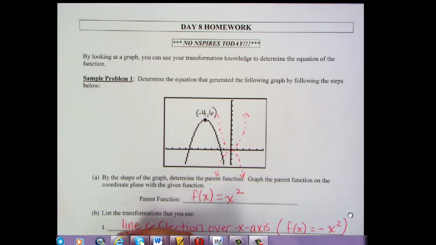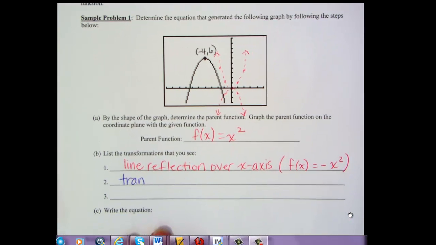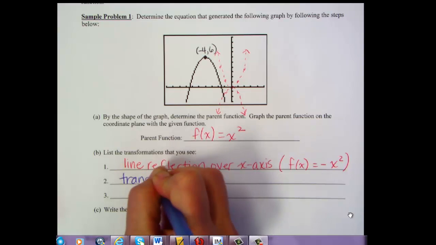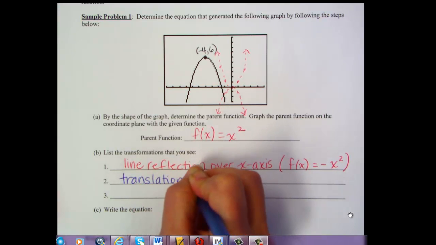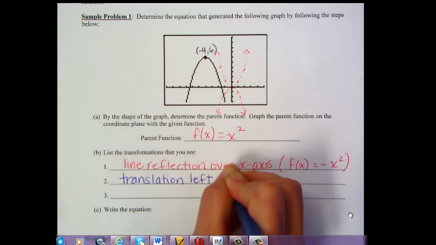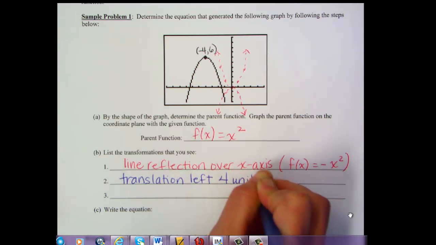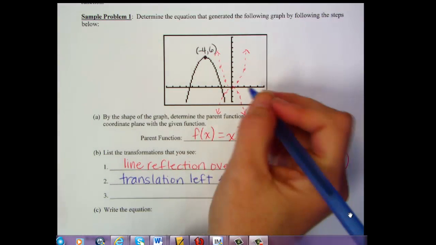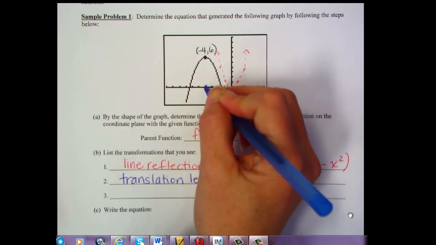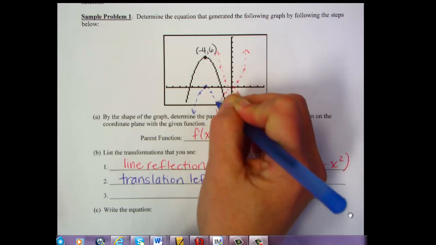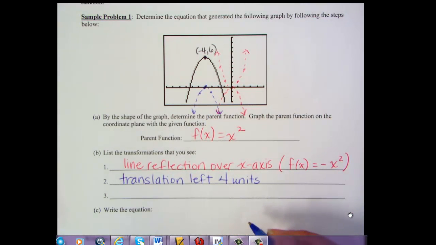So the next transformation I see is a translation left 4 units. Well, let's graph that: 1, 2, 3, 4. And it's that last graph, the one that's still upside down, that's been translated 4 units.